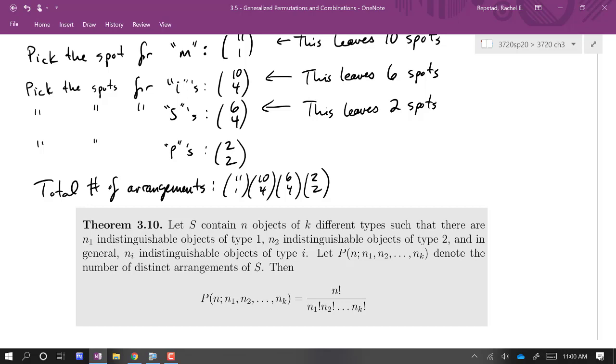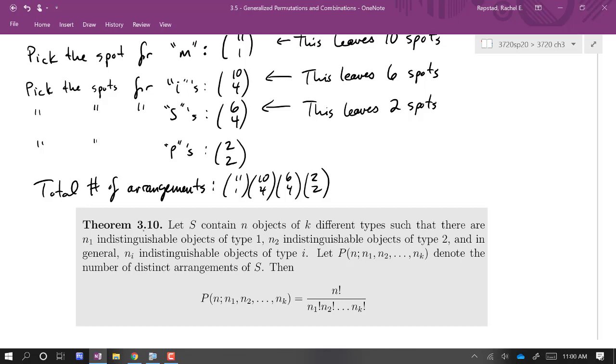In Theorem 3.10, they give us another way to count this, as a formula. The language they use here is: let S contain n objects of k different types. So for our Mississippi, I have 11 letters of 4 different types. I have 4 different types of letters, the M, I, S, and P, and I've got 11 of them all together.